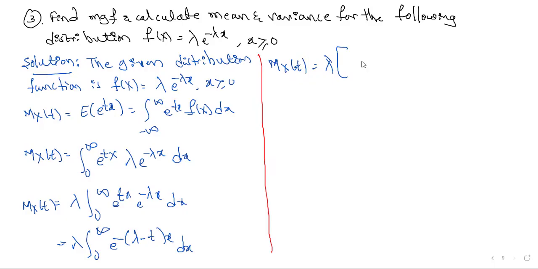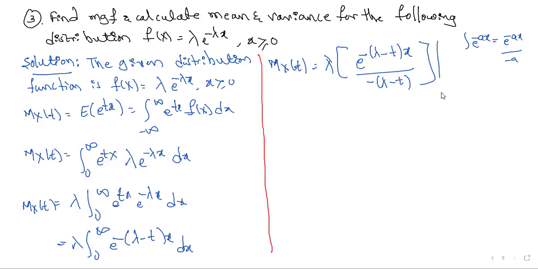So its integral is e power minus ax divided by minus a, right? So integration of e power minus ax equals e power minus ax divided by minus a. Here a is nothing but lambda minus t, right? So integration is 0 to infinity.